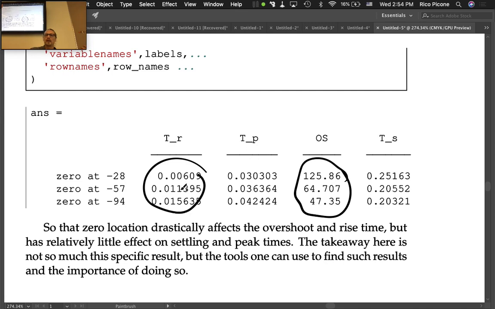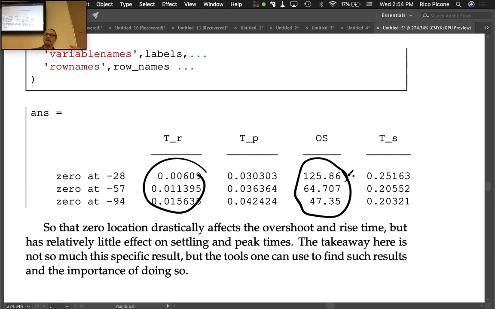They weren't awful, but they're off by a significant factor for the zero at negative 28, by a factor of 2 for these zeros further out, and then maybe 50% off for the peak times. So the analytic prediction, the second order approximation, got us close, like in the ballpark, and not so much on percent overshoot though. Percent overshoot's pretty significantly off, right?